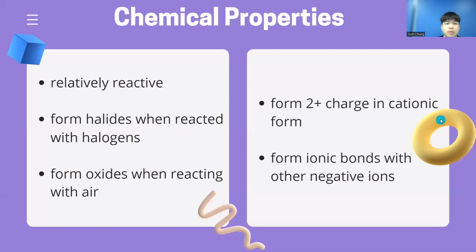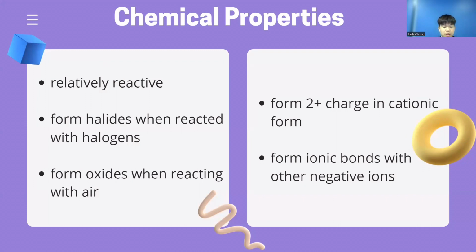And next, I'll move on to the chemical properties. They are relatively reactive, but less reactive than the highly reactive alkali metals. They also form halides when reacted with halogens, for example calcium fluoride, CaF2, which is used to make lenses to focus infrared light.